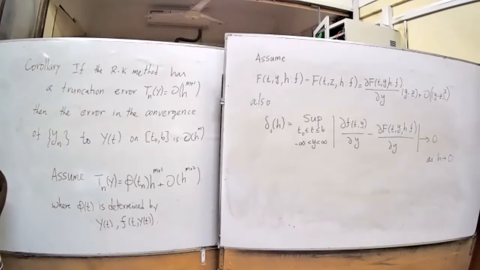So you take it as this. And then, by using the condition that capital F satisfies the Lipschitz condition, and also you remember you have a delta h, which is basically F minus F supremum. So here you take the derivative of that with respect to y, and let us assume that this goes to 0.